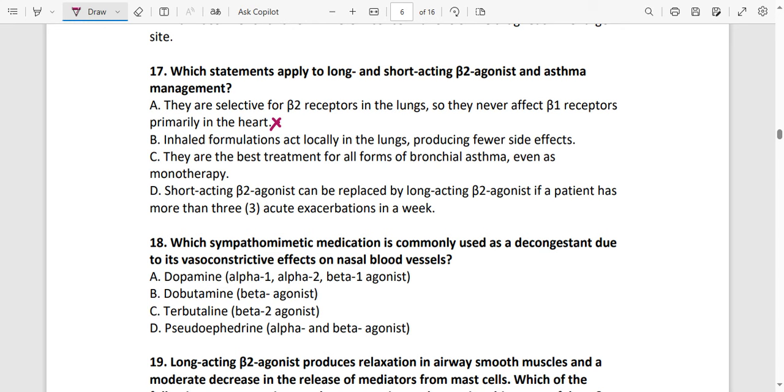Say someone came with an acute attack today. You gave them the short acting, which is real quick. Again tomorrow they have an attack, you give them the short acting. The other day they have an attack, you give them the short acting. So when you have more of those attacks and you are giving them short acting beta agonists, it is telling you that you need to introduce them to a more prolonged treatment. So you can now introduce them to the long acting beta agonists.